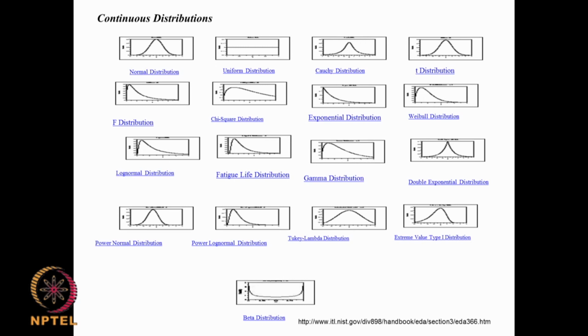They have different shapes, and that means the probability of a certain event happening will follow a different type of relationship or mathematical formula. So these are all continuous distributions. In the discrete we have the binomial, and we have the other type, Poisson distribution. I said we will spend time only on a few of these, not all of them.